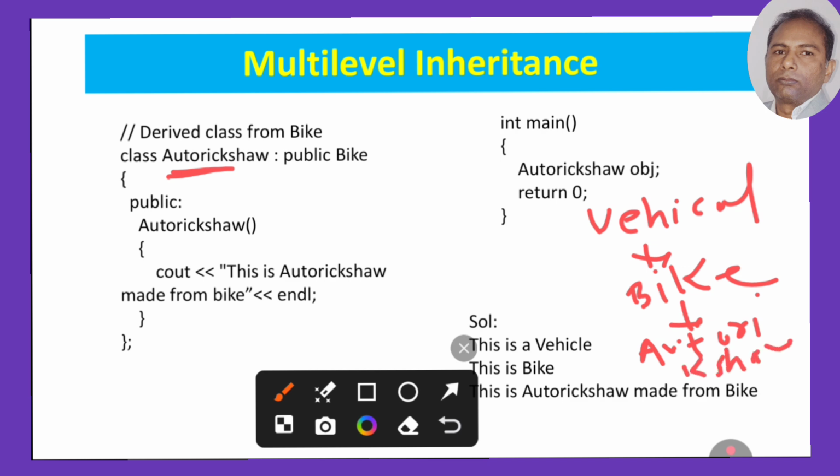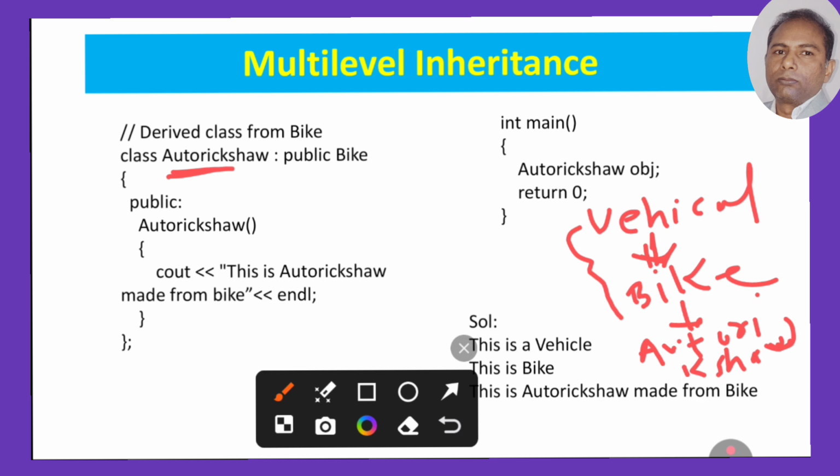So we are having many levels of inheritance. From the vehicle class we derive the bike class, from the bike class we derive the auto rickshaw class. So there are many levels of inheritance, and that's why this is the example of multi-level inheritance.